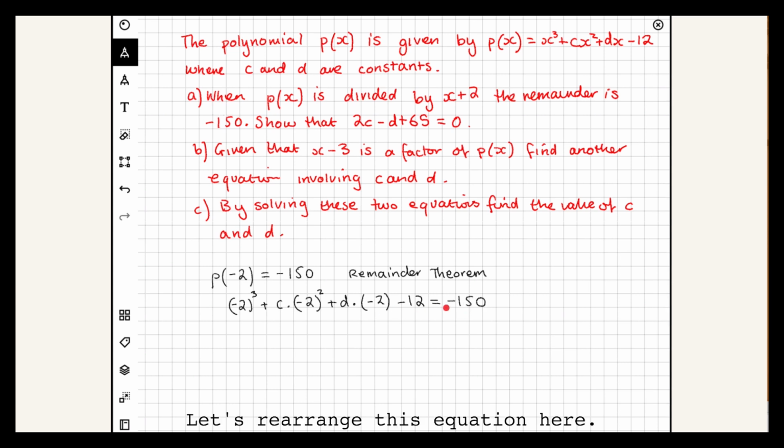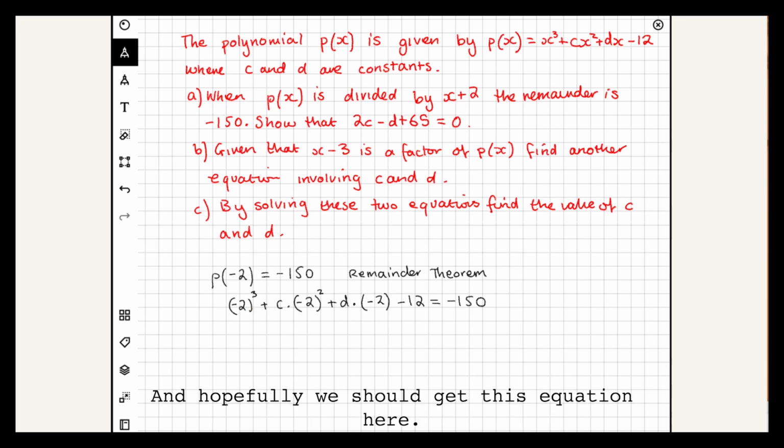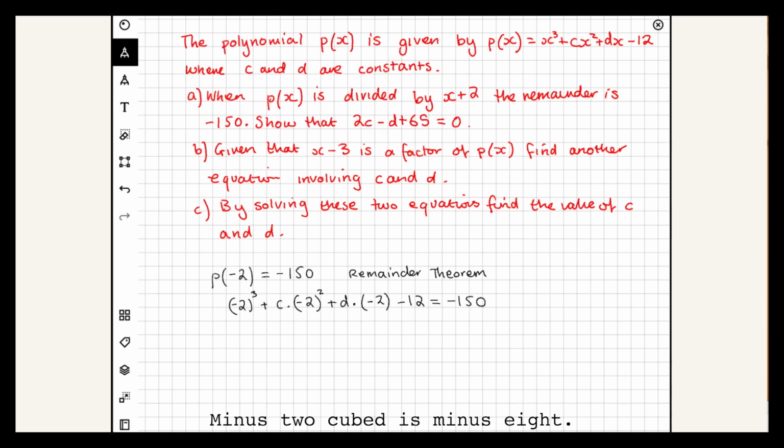Let's rearrange this equation here, and hopefully we should get this equation here. Minus 2 cubed is minus 8. Minus 2 squared is positive 4, so this will be 4c. D times minus 2 is minus 2d. Minus 12 equals minus 150.